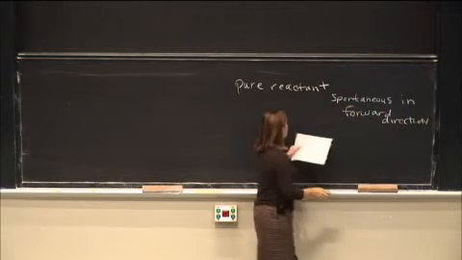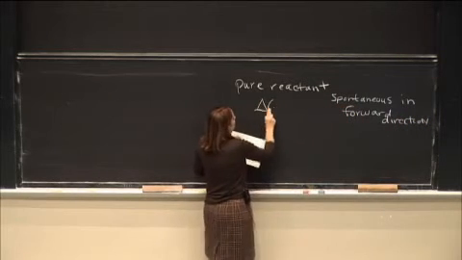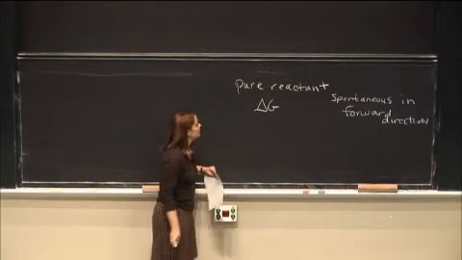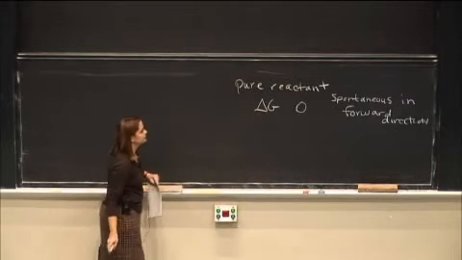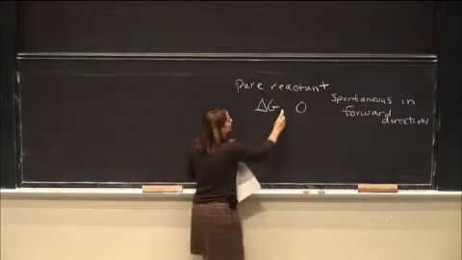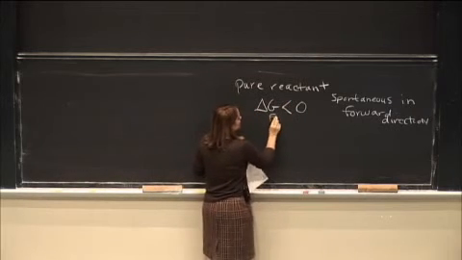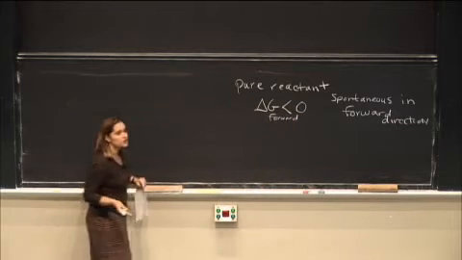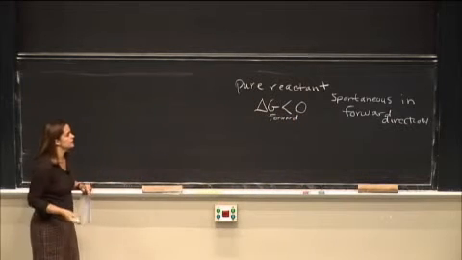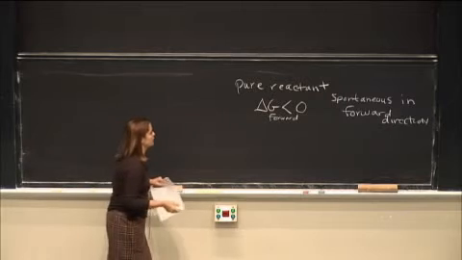And what will that mean about our friend delta G? Is it going to be greater or less than 0? So it'll be less than 0. So delta G of the forward reaction will be less than 0. When delta G is negative, the reaction is spontaneous in the forward direction.